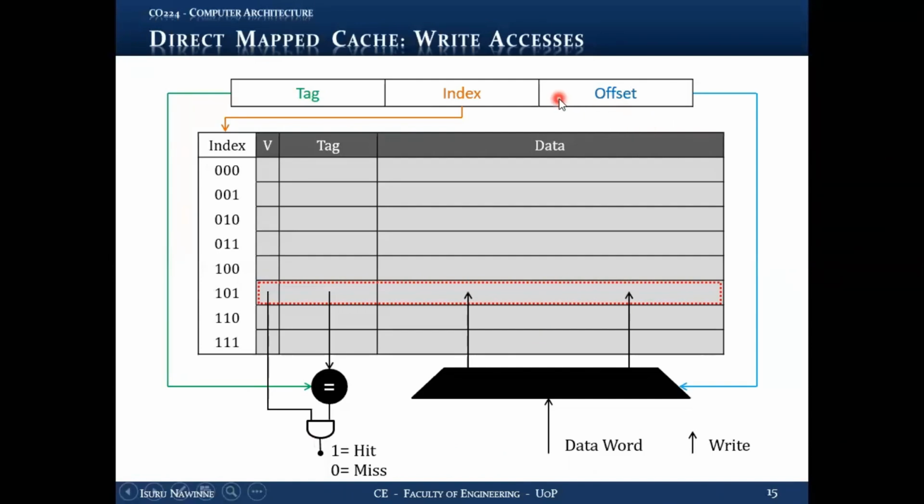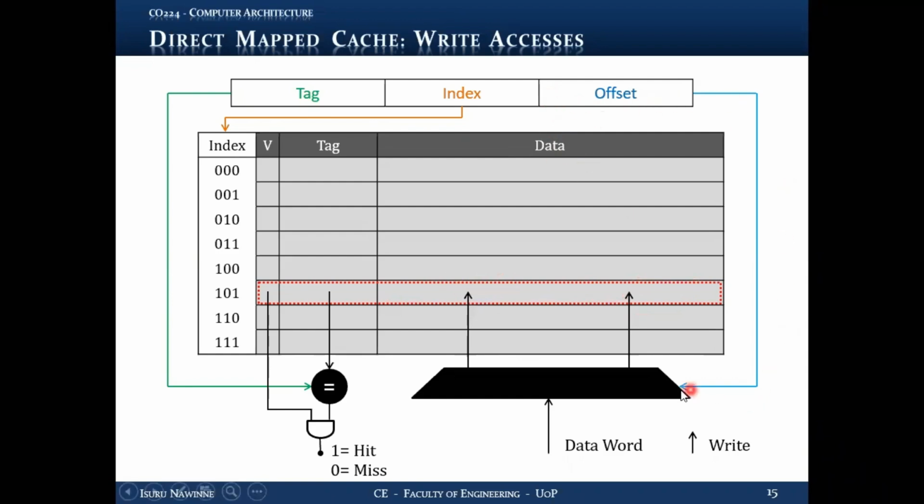So we have the incoming data word and the offset field from the incoming address. We use the most significant bit in our case because we only have 2 words in the block. If you have more than 2 words in the block, then you need to use multiple more significant bits from the offset, whatever is appropriate based on the cache design. In this case, we only need 1 bit, the most significant bit.